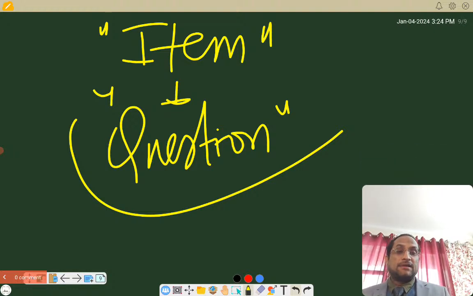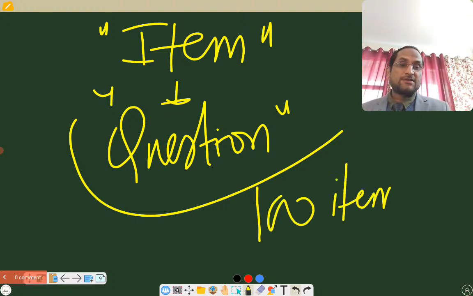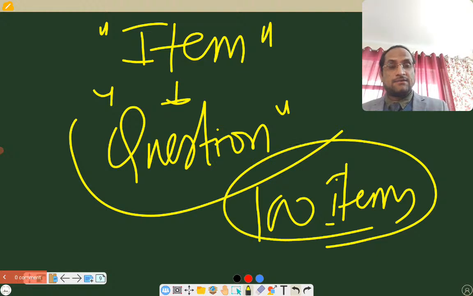So each and every item in this test of 100 items, test of 100 questions, should be evaluating your performance in the same manner as the whole test will do. This is the ideal definition of internal consistency. But it cannot be achieved for each and every question. There may be certain questions which are actually not evaluating that particular trait, maybe intelligence.